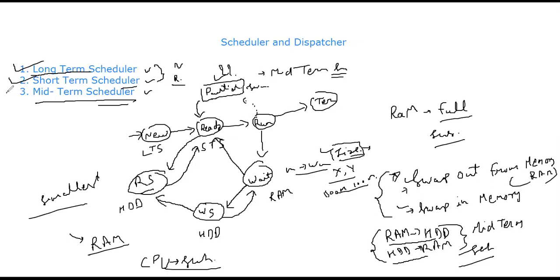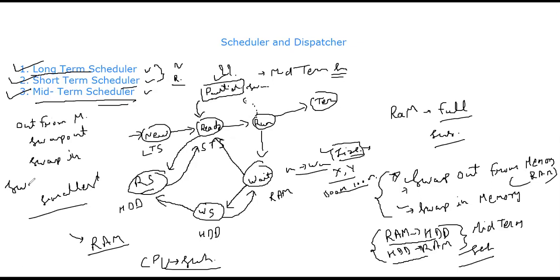Now the mid-term scheduler is used to select the processes which you want to send out from memory and again bring into memory. Sending processes out from memory is known as swap out, and sending processes into memory is known as swap in.